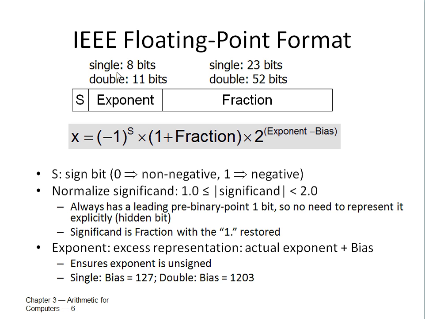Just consider the 8 bits as it's going in. 255 is the largest number you can represent in 8 bits, because it goes 0 to 255. 255 divided by 2 is 127.5, so 127 is the bias. So if you look down here under their exponent, bias equals 127 for single.